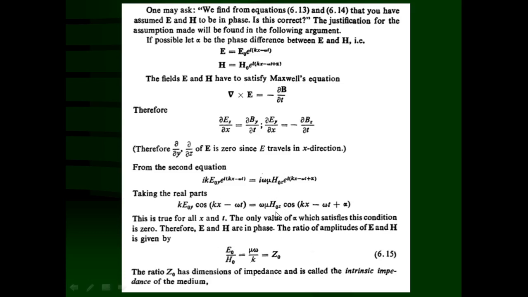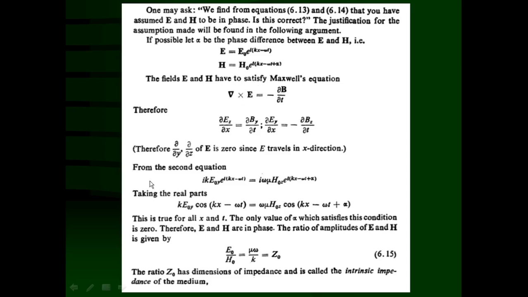So this equation is only true if alpha is 0. If alpha is taken as 0, then and only then is this equation going to be true for all values of x and t. That indicates that the electric field and magnetic field are in phase. That means they are oscillating in the same phase. So E is equal to E0 e raised to i(kx minus omega t) and H is equal to H0 e raised to i(kx minus omega t), because alpha is going to be 0 and they are oscillating in the same phase.